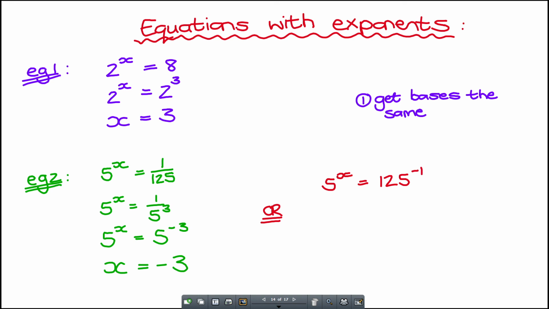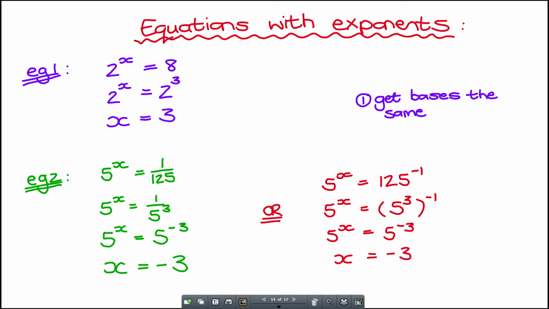Okay, and then he said, okay, let's make that 125. 125 is the same as 5 to the power of 3. And now, what happens to the power to the power? Multiply, so then it's to the power of minus 3.